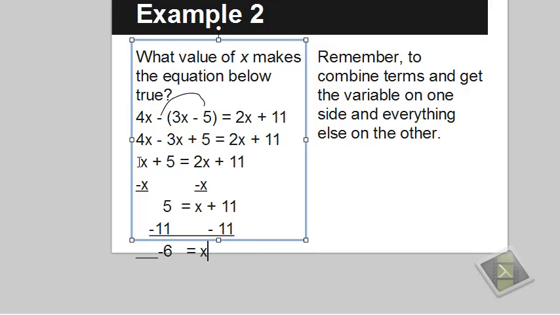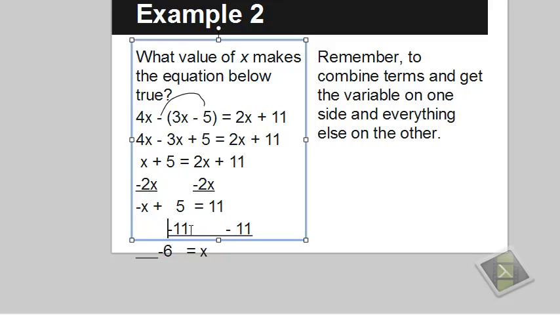Now, if you get to this step right here and move it the other way, let's suppose we wanted to move my x's to the left just because that's habit. In this case, we would subtract 2x out of there, and I'm left with negative x plus 5. My x's now would be gone over here, and I'm left with 11.